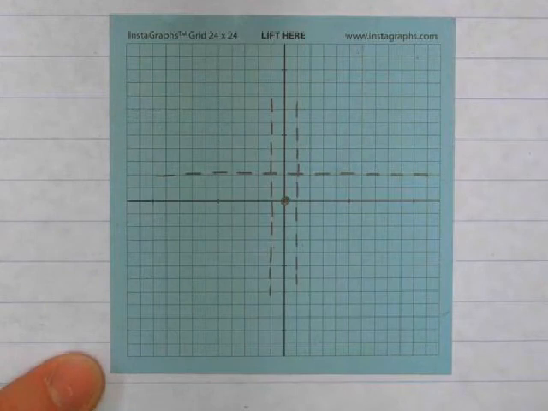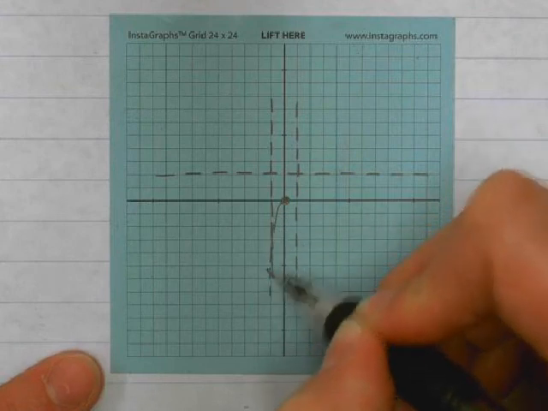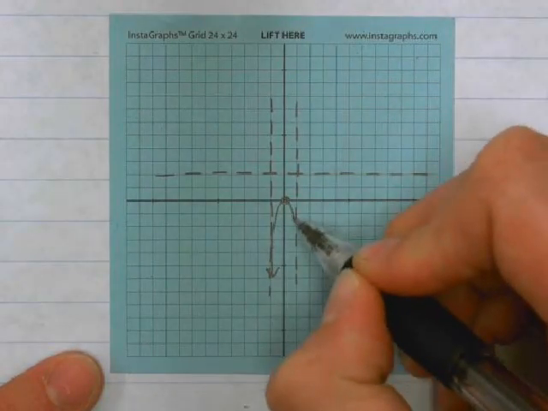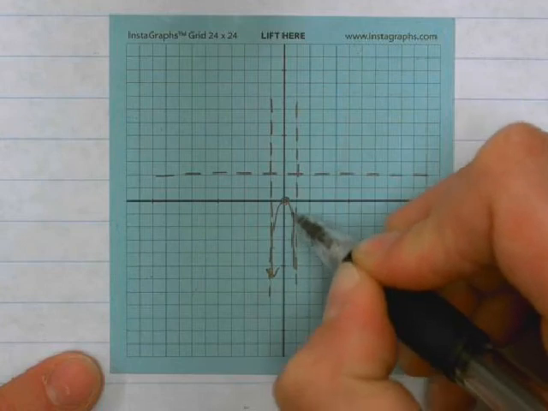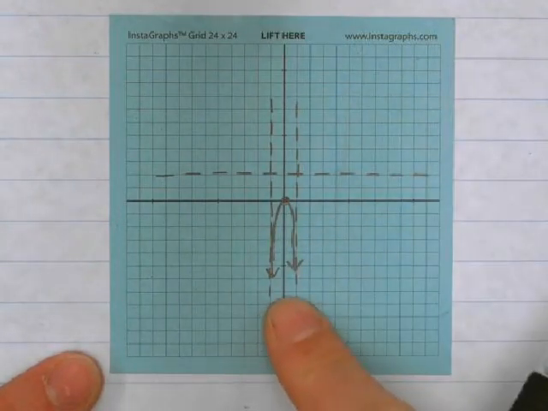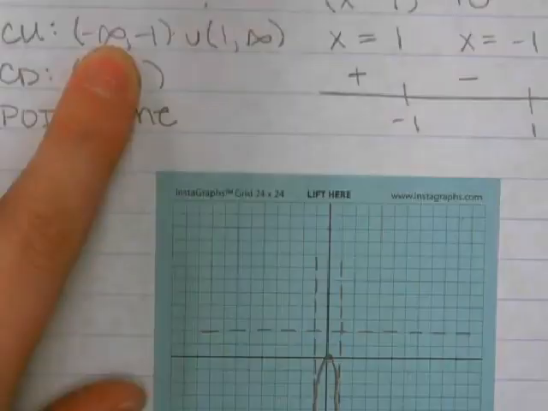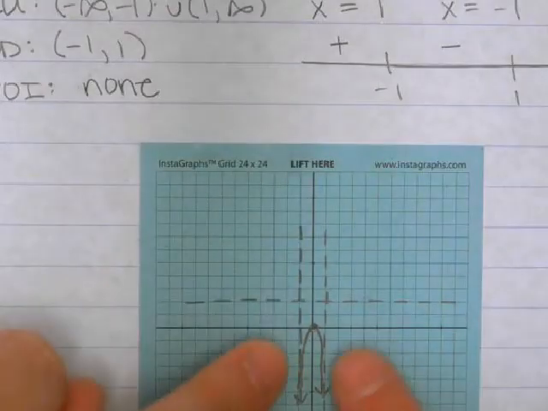So based off what I know about concavity, based off what I know about asymptotes, I know that this, it looked like I ran into the asymptote, but I did not mean to. So I know that this curve should be a U shape going down, and that the curve is approaching those asymptotes. I know that the rest of the graph is increasing on either side of this, so it's concave up on these two sides.